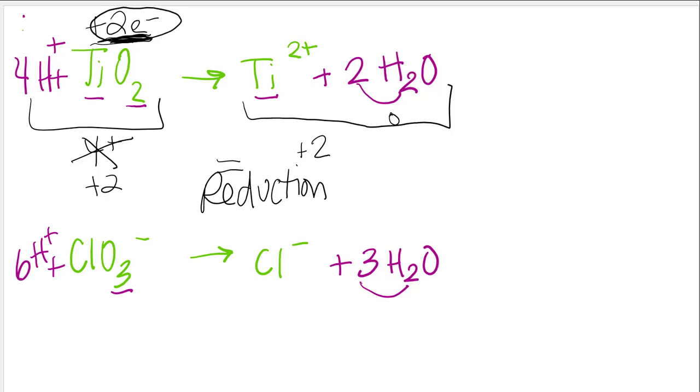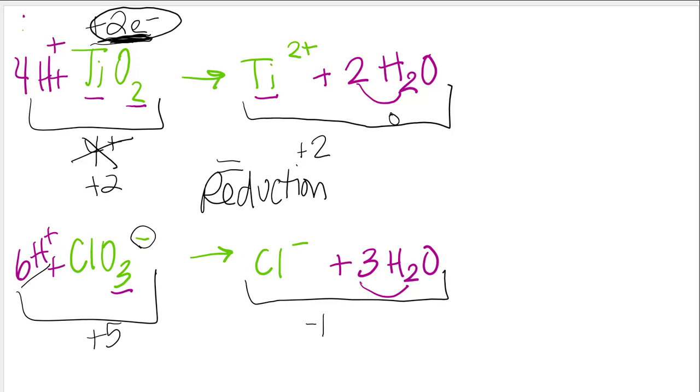Now I need to look at what my charge is. So I'm going to, on the left, I've got 6 H pluses and 1 ClO3 minus. So on the left, I have plus 5 as my overall charge. And on the right, we can know that my 3 waters are neutral and I have 1 chloride ion, so it's a minus 1. So that also tells me that I need to add electrons to my more positive side, which is my reactant side.